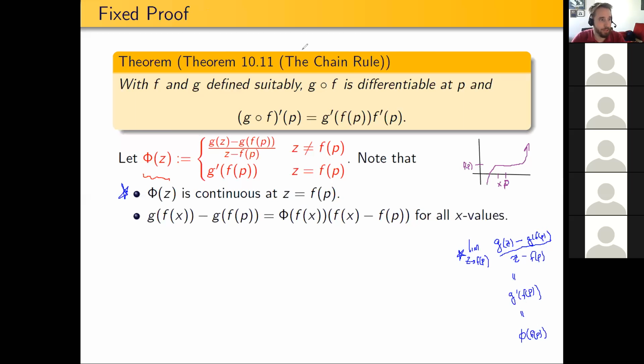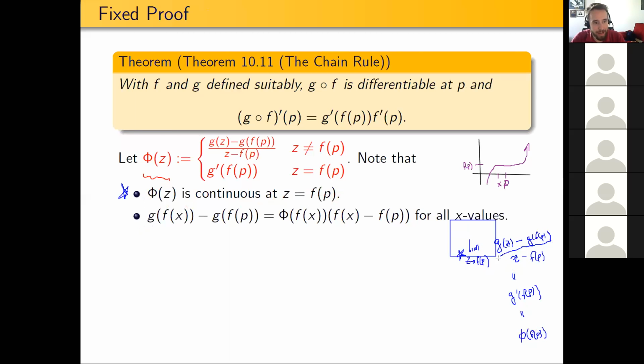So we were able to show that the limit as z goes to something of phi of z is equal to phi of that something, which is exactly what it means for our function phi to be continuous at that point.